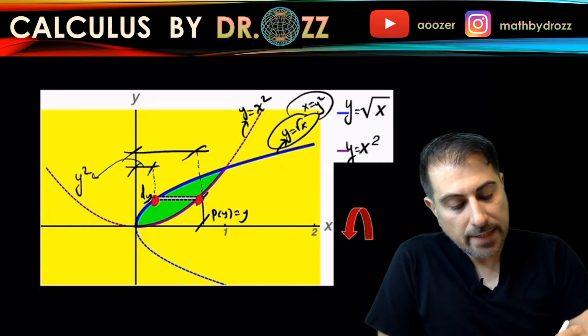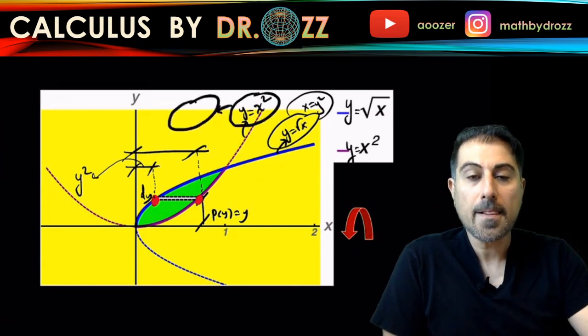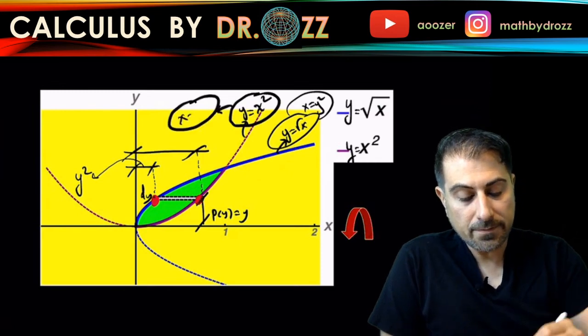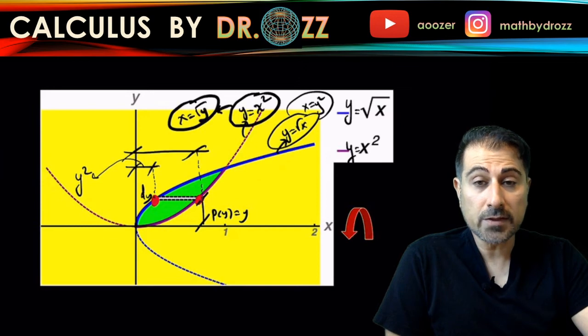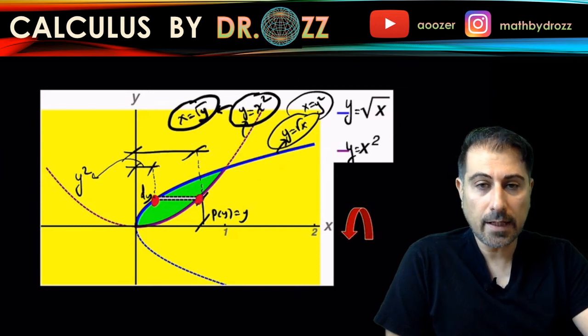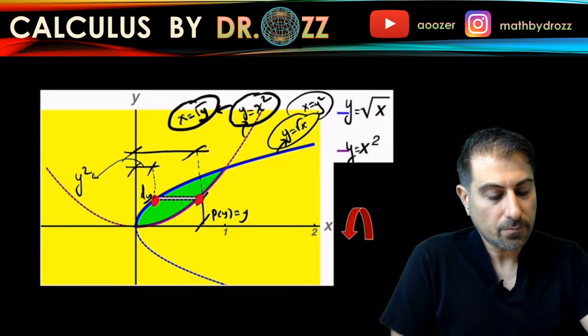I also need the x representation of the other curve, which is just radical y. And that's the x coordinate of the very right end of the slice. So that determines this distance to be radical y.